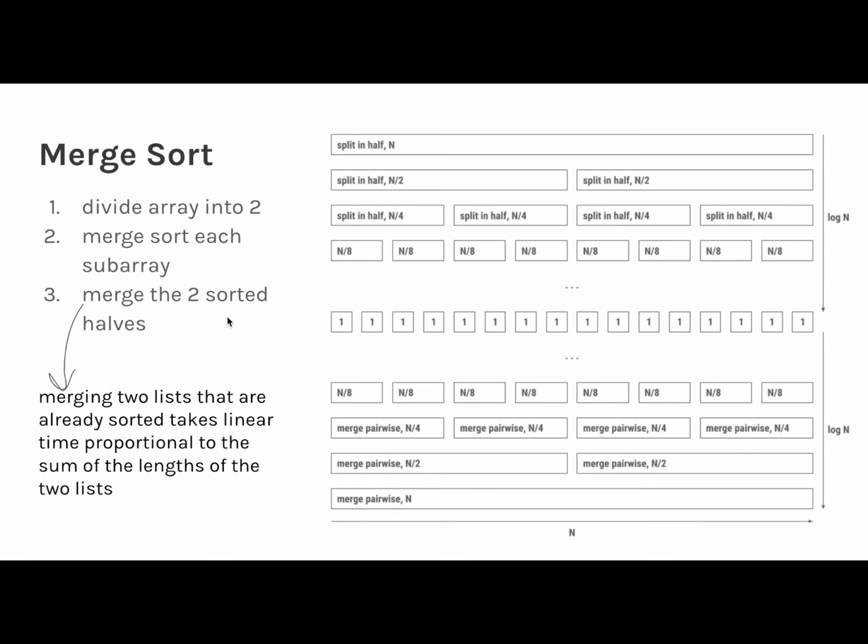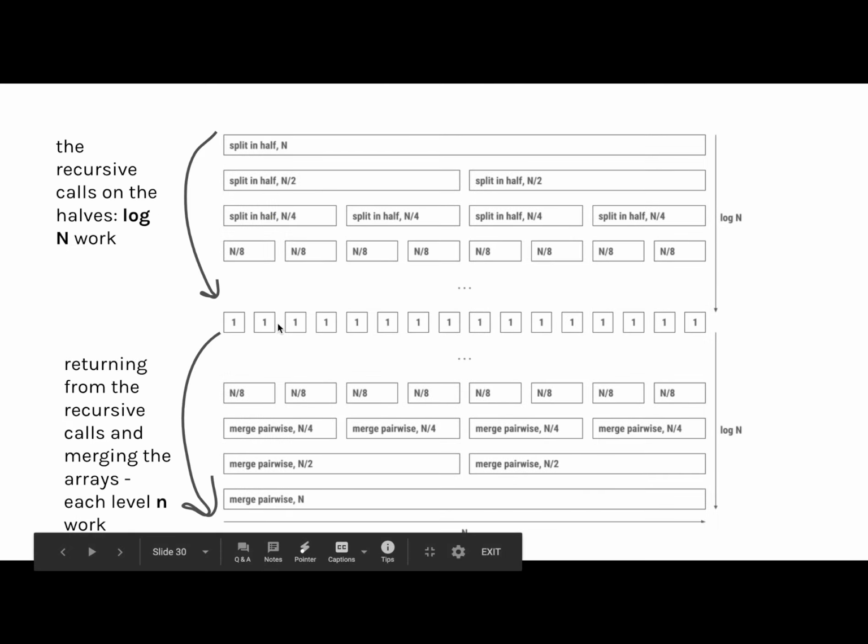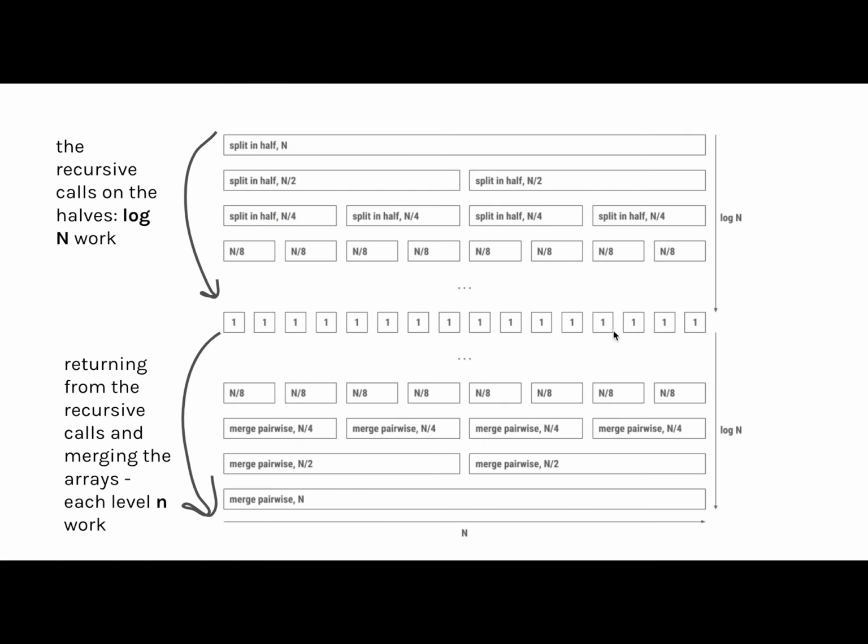And as I said in the previous slide, merging lists takes time proportional to the number of elements in the list you're merging. So at every level, merging at that level is going to take linear time because you're merging n pairs of elements. Or like here you're merging 1, 2, 3, 4 lists together.